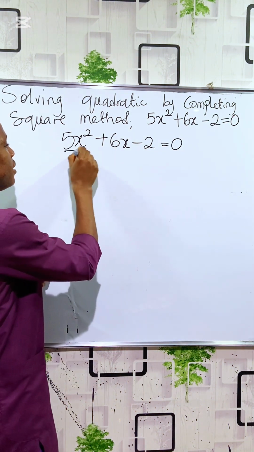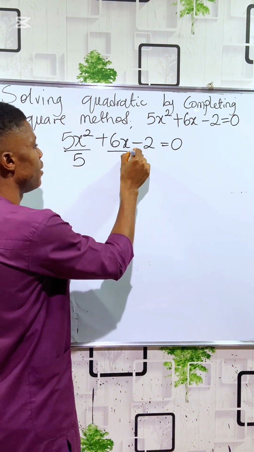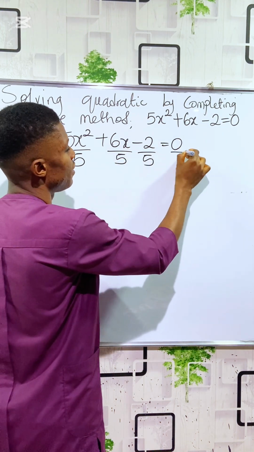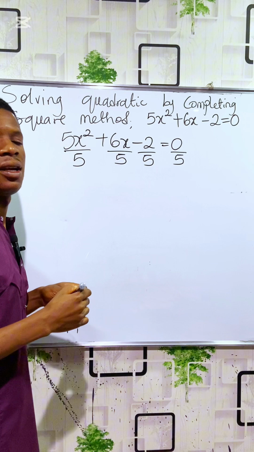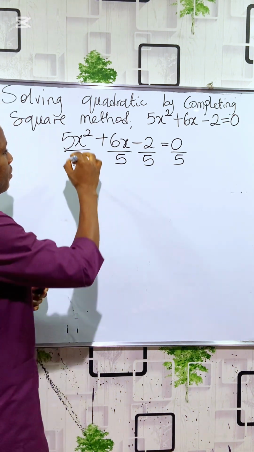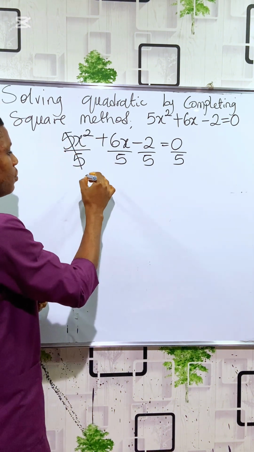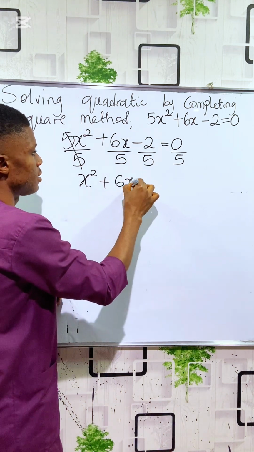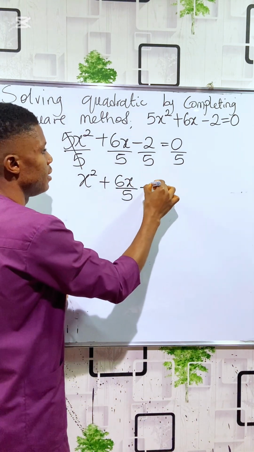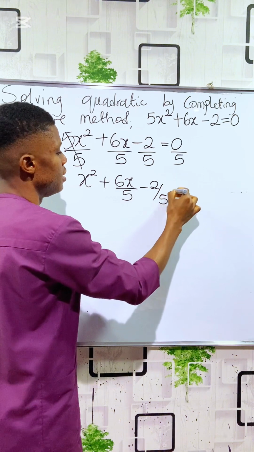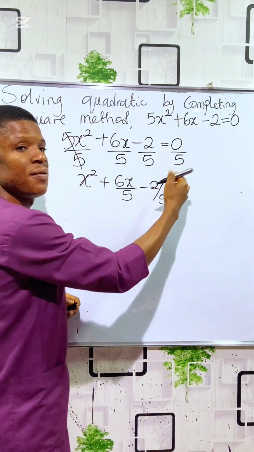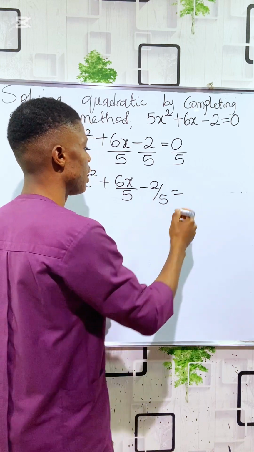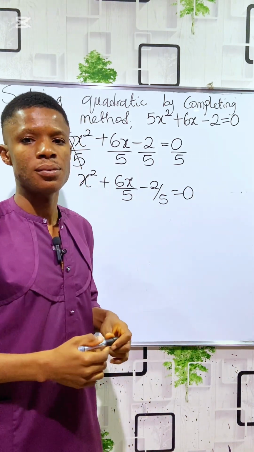So we divide this by 5, and this by 5, and this by 5. Let's divide the last term too by 5. If you divide all the terms by 5, the 5 will cancel everything. You have x squared plus 6x over 5 minus 2 over 5 is equal to, if you divide 0 by 5, you get 0.